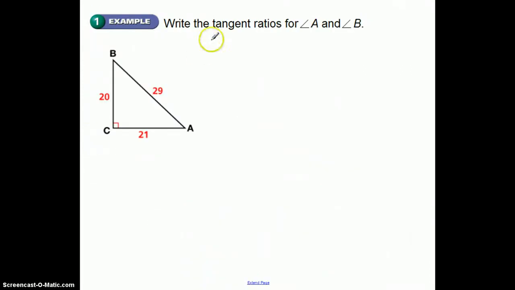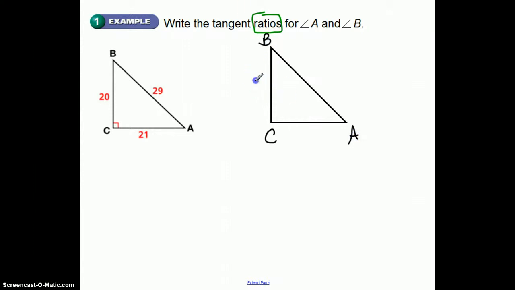So in this problem, it wants us to write ratios for angle A and angle B. So again, remember how I talked about before, I'm actually going to draw the identical triangle. Everything about it is the same as far as drawing it to begin with. And then I'm going to draw a line. And then I'm going to use one side to use angle A as its focus.